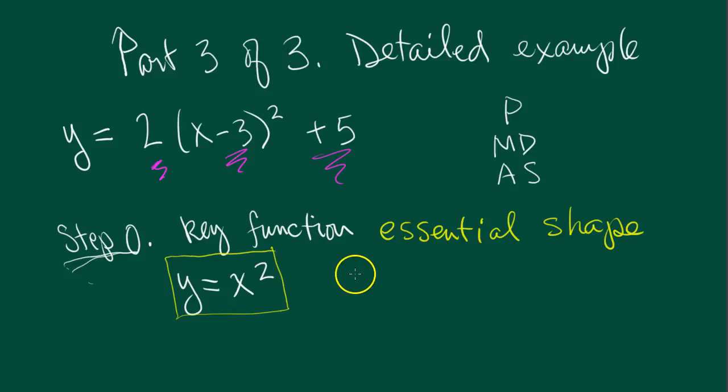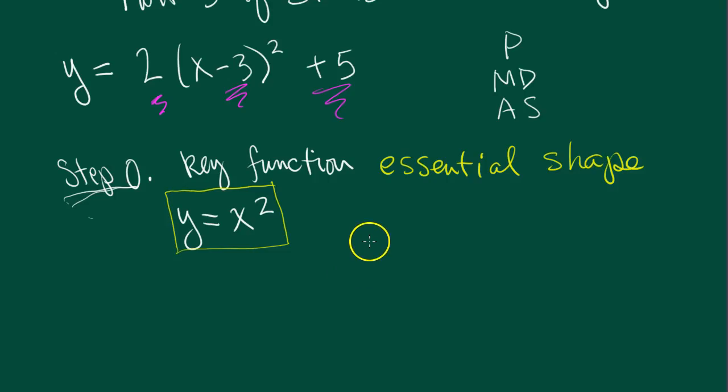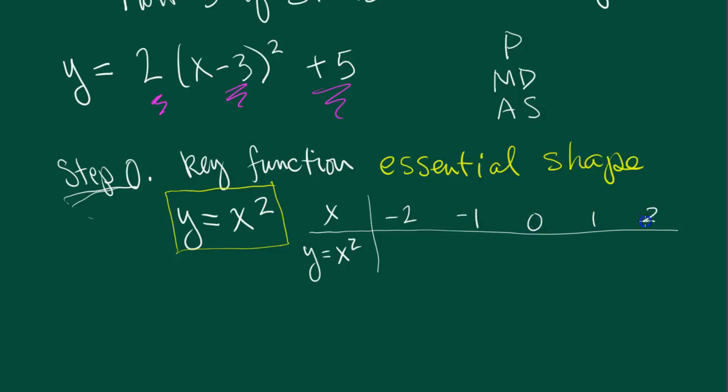Okay, so here we have y equal to x squared, and I'm going to make a table of values. So this is just sort of our canonical parabola.